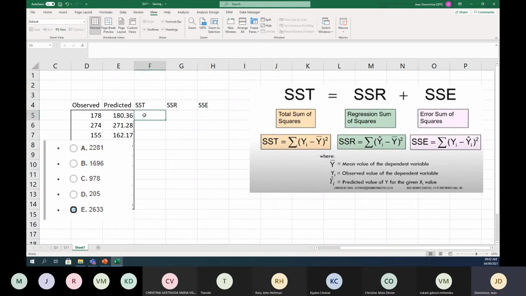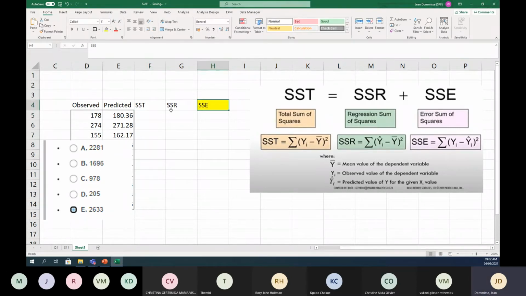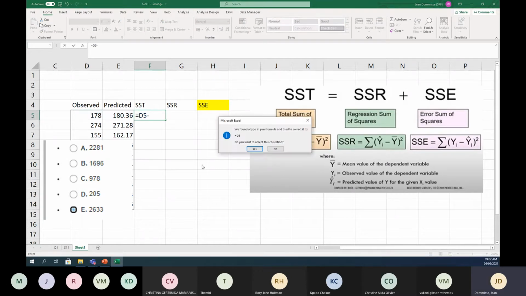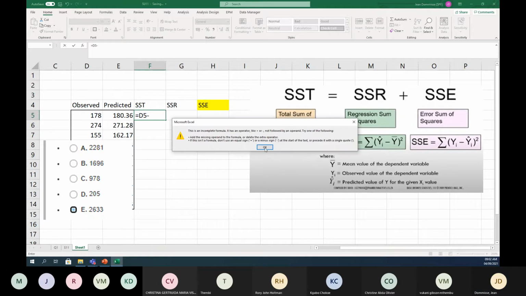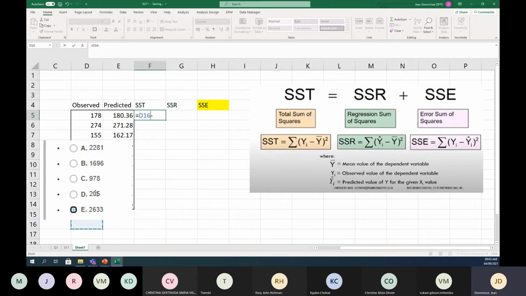So for this one we needed to work out the SSE. If we needed to work out SST, I would have said, okay, it is my observed minus the mean. So we don't have a mean yet, so we will work out the mean there.